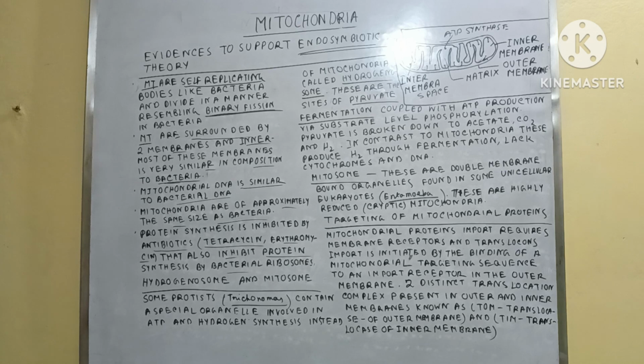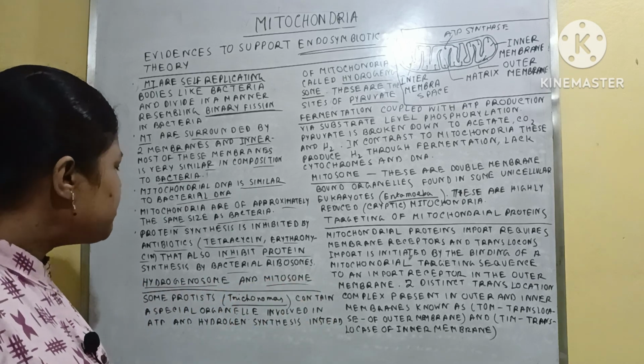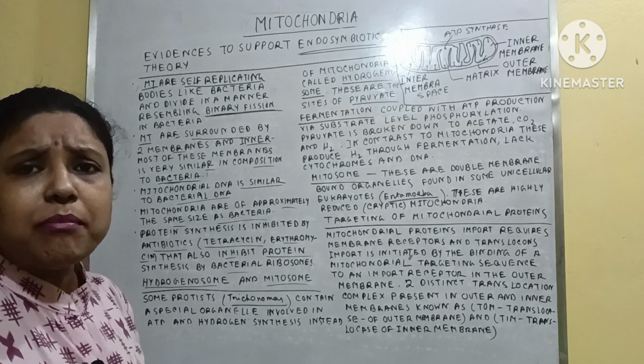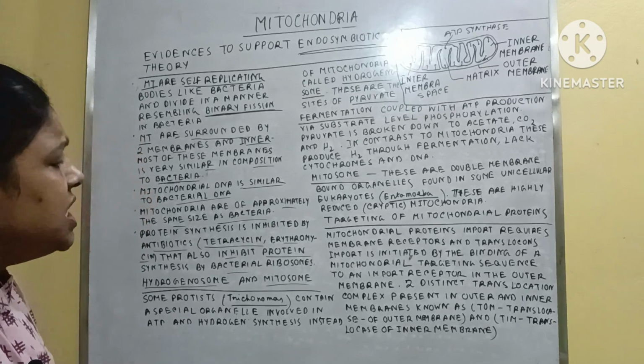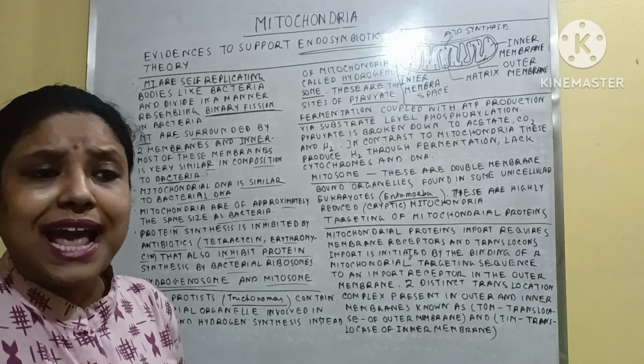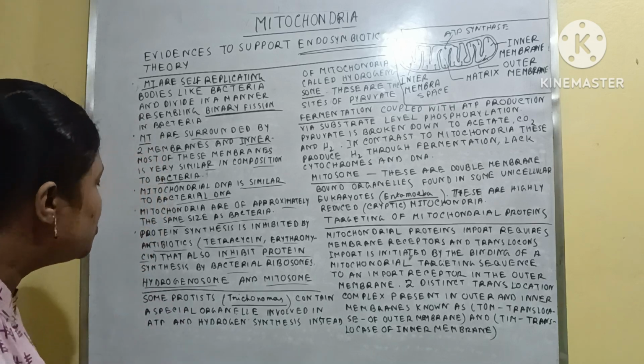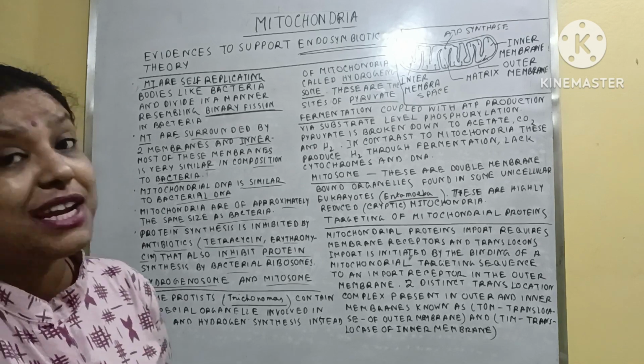The next part is related to the hydrogenosome and mitosome. Some protists and some unicellular organisms don't have mitochondria, and instead of mitochondria they have hydrogenosomes and sometimes mitosomes.